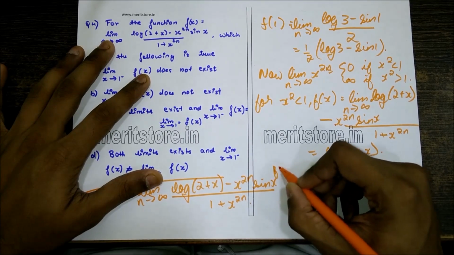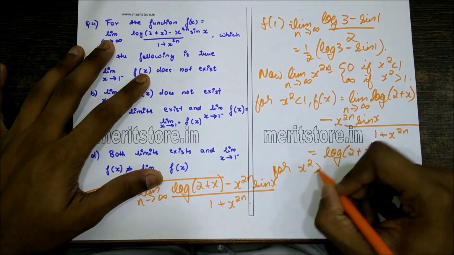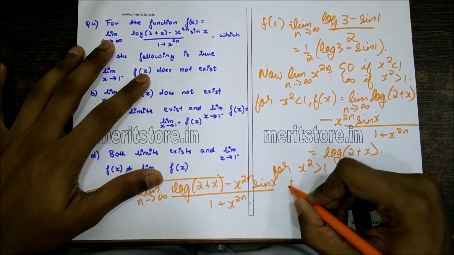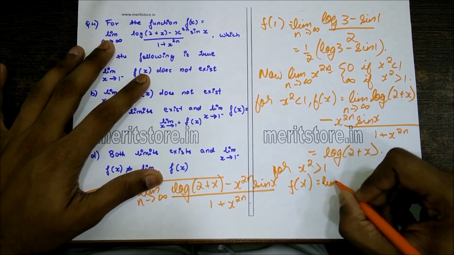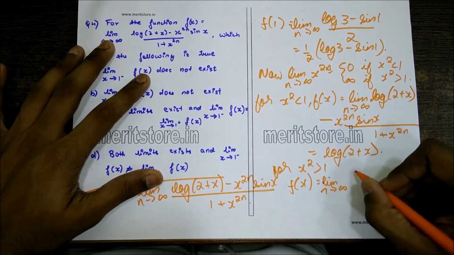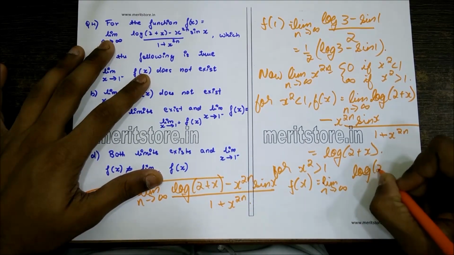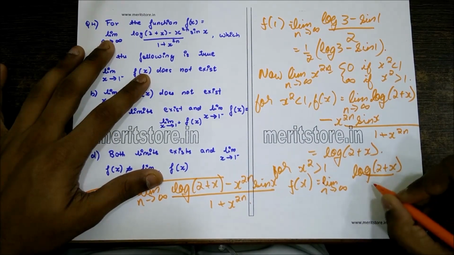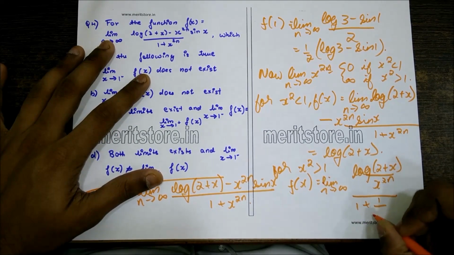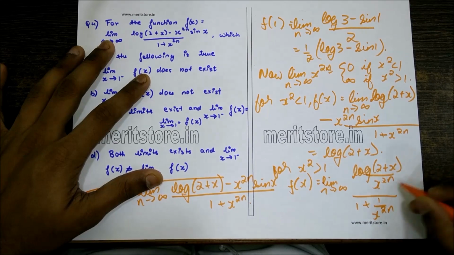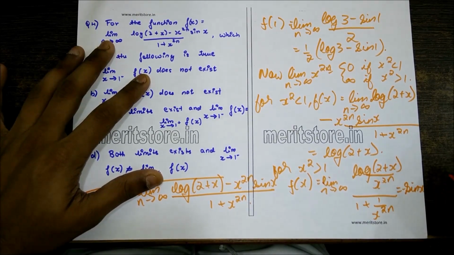And for x square greater than 1, we can say f of x is equal to limit of n tends to infinity log of 2 plus x upon x raised to 2n upon 1 plus 1 upon x raised to 2n, which is equal to minus of sin x.